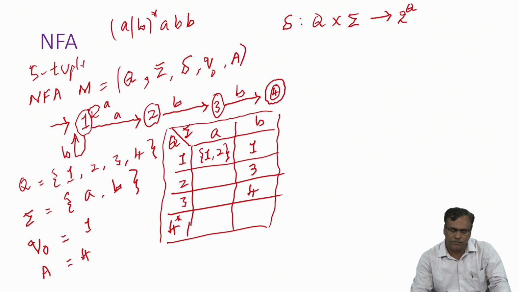Whereas in the NFA, for a given state and an input symbol, you will have more than one state. For example, for 1A you have 2 states, that is 1, 2 as the entry in the table. So this is the difference between NFA and DFA. How actually you are going to make a conversion from NFA to a DFA, that is what we are going to discuss now.